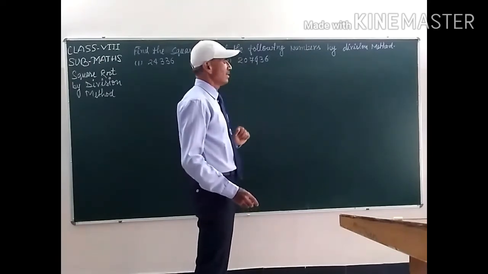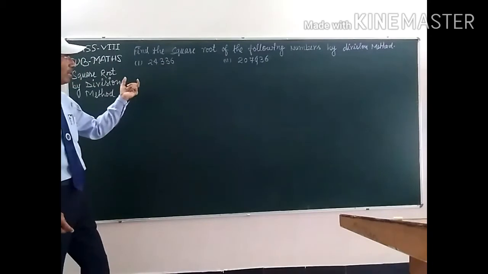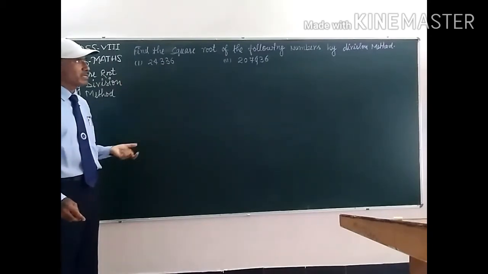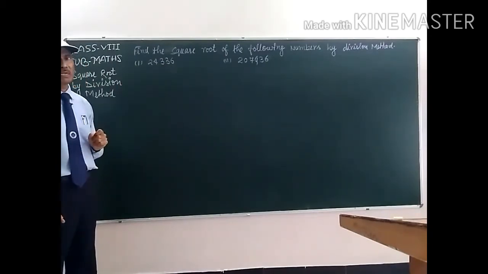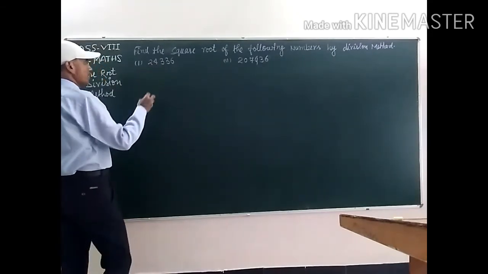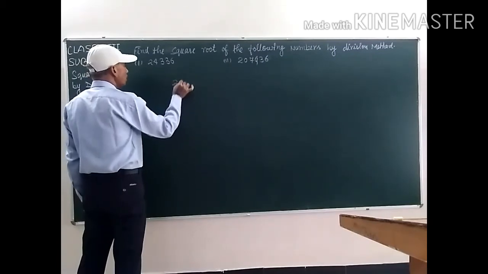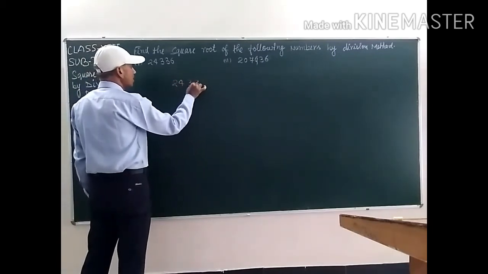This one is a 6-digit number. Now we are going to find the square root of these numbers using division method. So students, first of all we will take this one. The number is 24336.